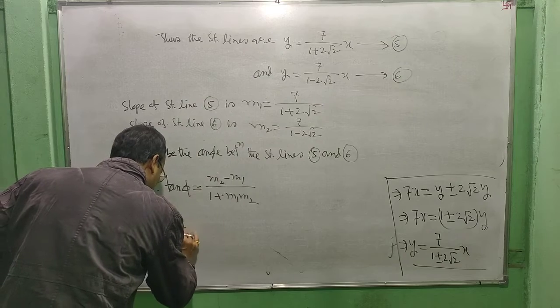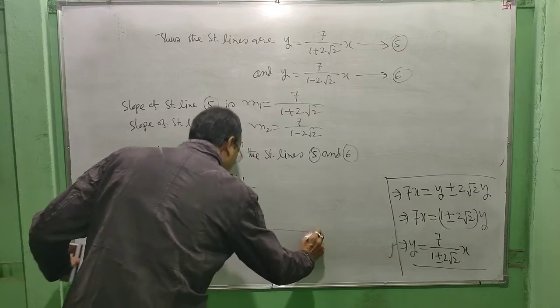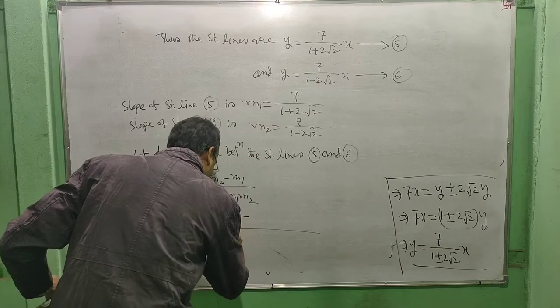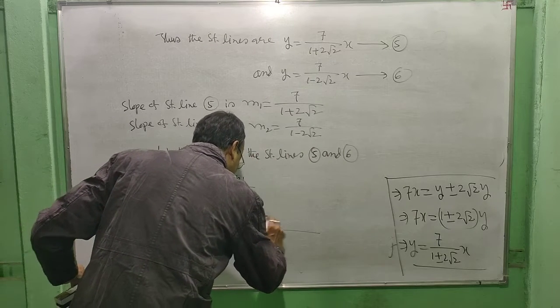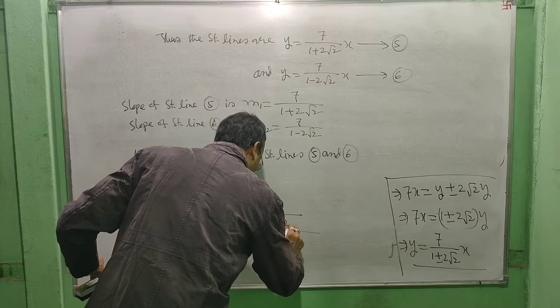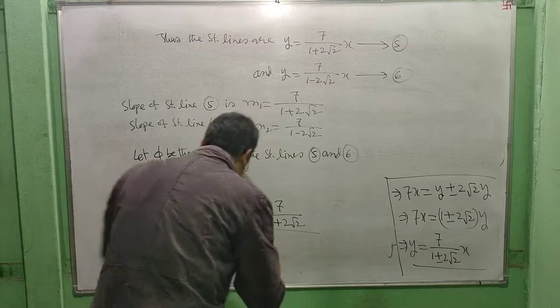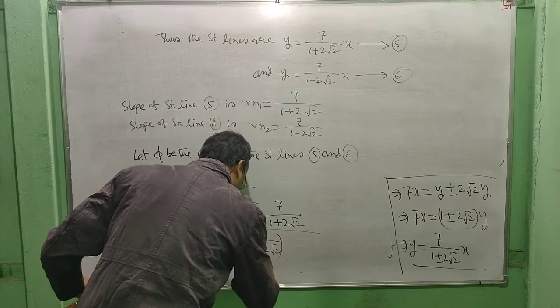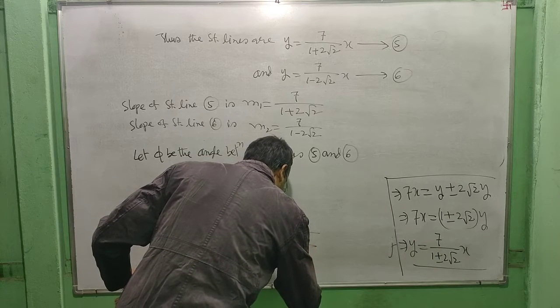This means tan phi equal to, what is m2? m2 is equal to 7 by 1 minus 2 root 2 minus 7 by 1 plus 2 root 2 divided by 1 plus 7 by 1 plus 2 root 2 into 7 by 1 minus 2 root 2.